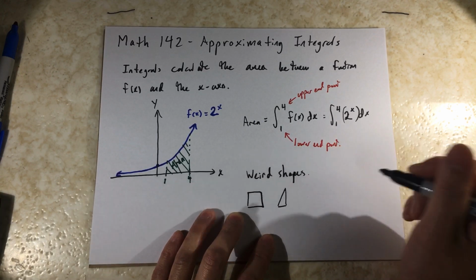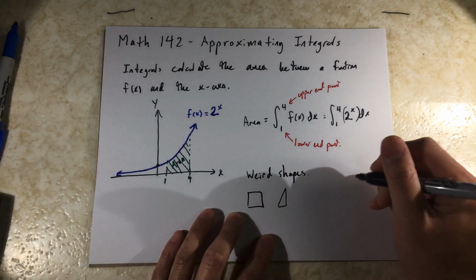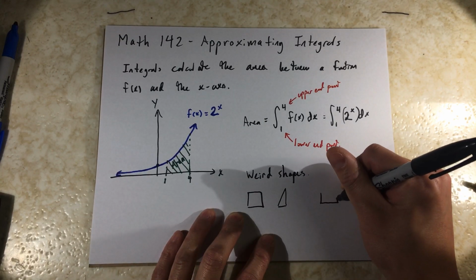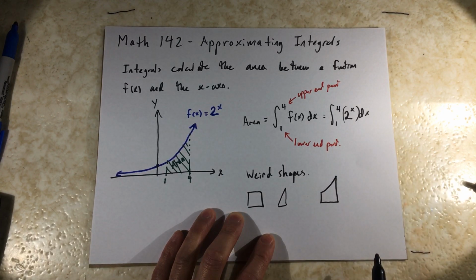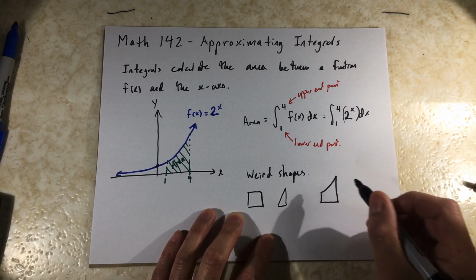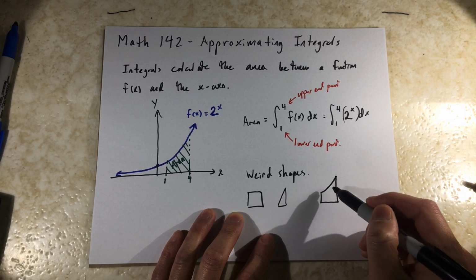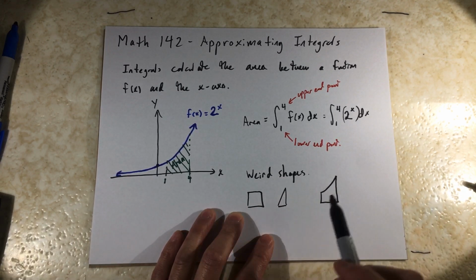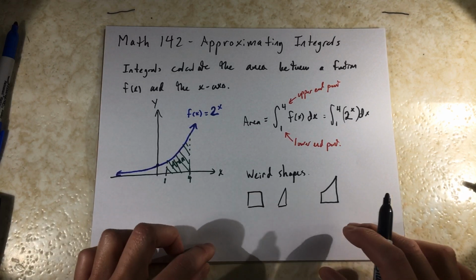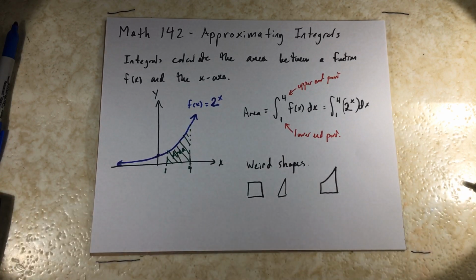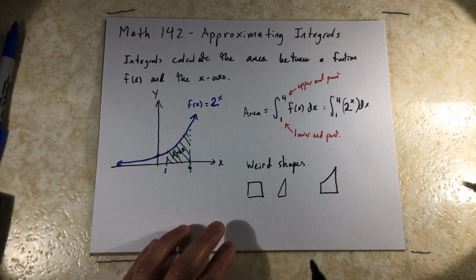But you can have all kinds of weird shapes. For example, this one has 3 straight sides, but then it's got this kind of weird curved side. When you need to calculate the area of a weird shape, that's really where integrals come into play.